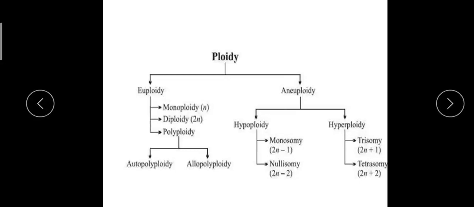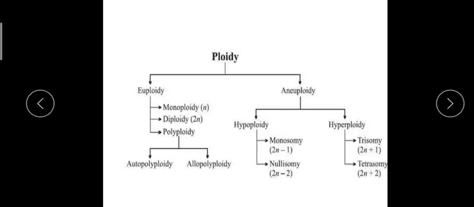It can be divided into two types, autopolyploidy and allopolyploidy. And we have also mentioned several other types which come under autopolyploidy, that is triploidy, tetraploidy, pentaploidy, and so on.